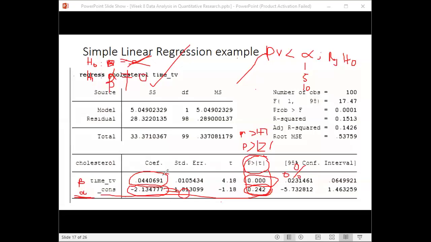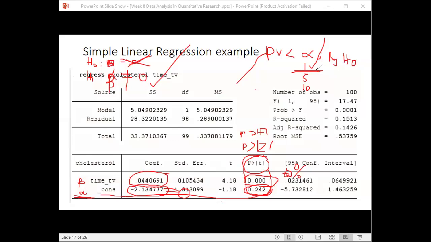And we have already done the explanation that if the hours of studying increases by 1 hour, your CWA is going to increase by 0.0440691. And this is statistically significant even under 1%, because the p-value is 0.0%. So it tells you that it is a very strong conclusion you have, because statistically it's even under 1%.